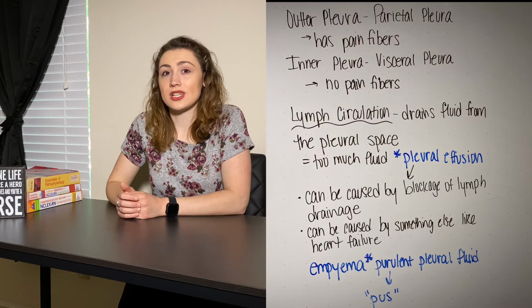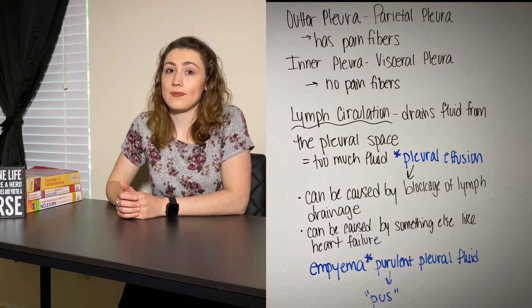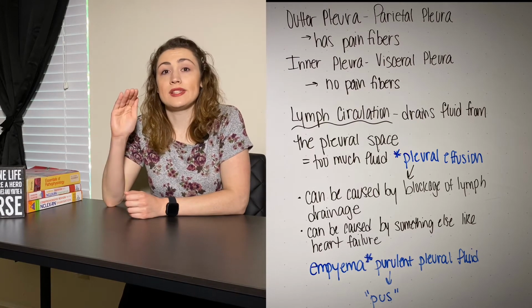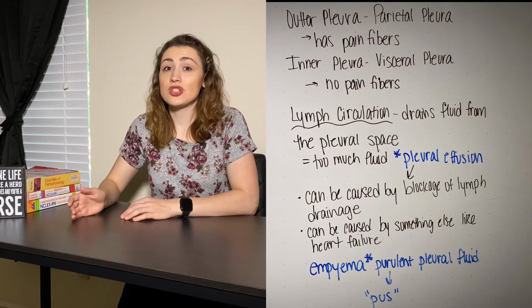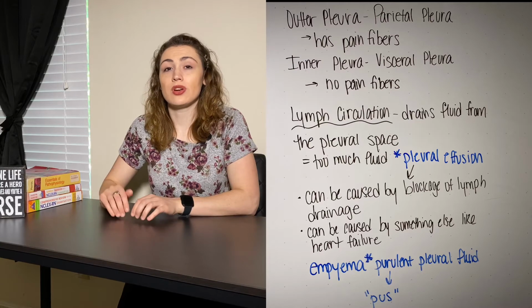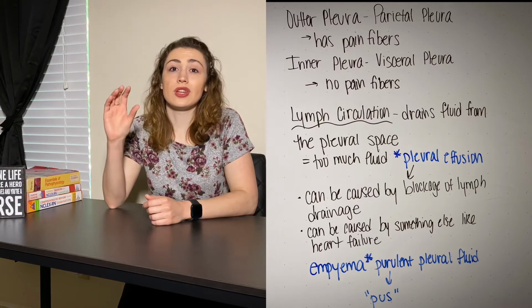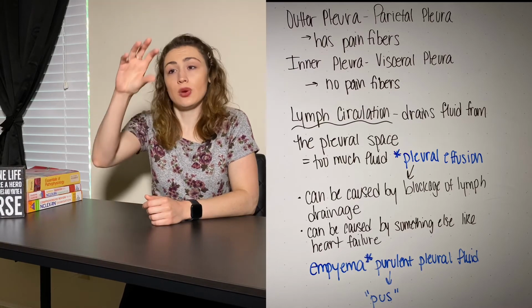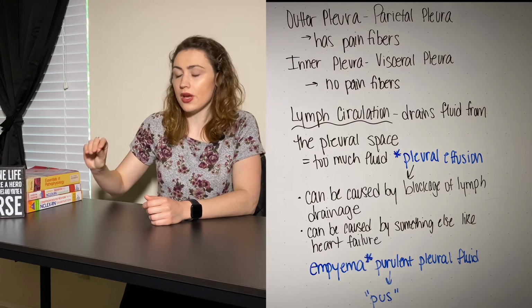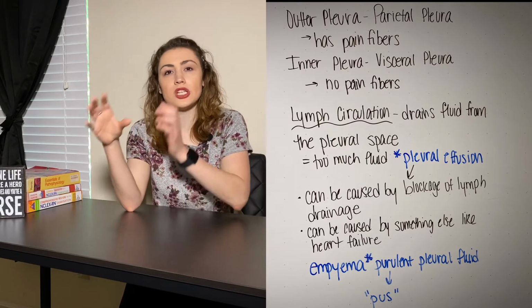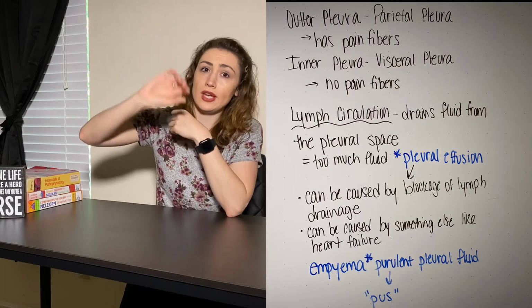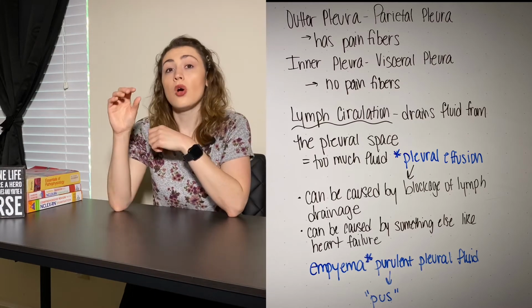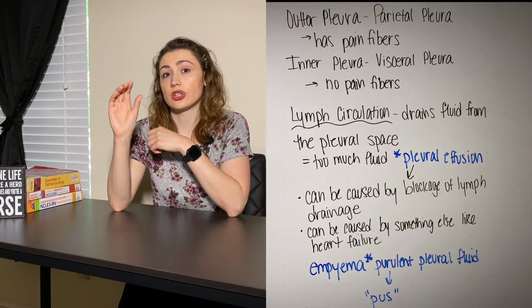Now the lymph system is connected to the pleural space. The lymph system drains excess pleural fluid from the pleural space. If there's too much fluid in the pleural space, we call this a pleural effusion. So if the lymph circulation is supposed to take away the excess pleural fluid, but there's too much fluid, there's a mismatch somewhere. Either there's more fluid going in than the lymph system can drain out, or there's an obstruction of the lymph circulation.